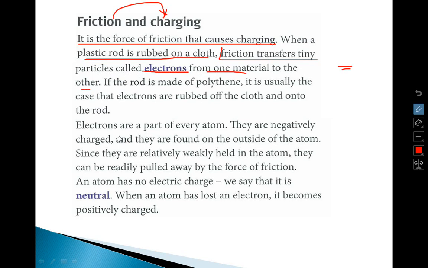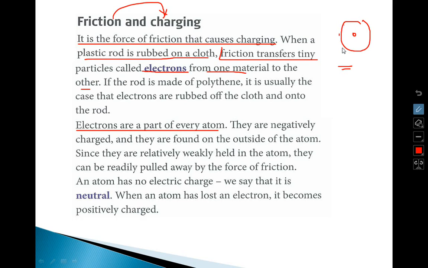Electrons are a part of every atom. As we discussed before, there are protons and neutrons at the center, and electrons moving around it.